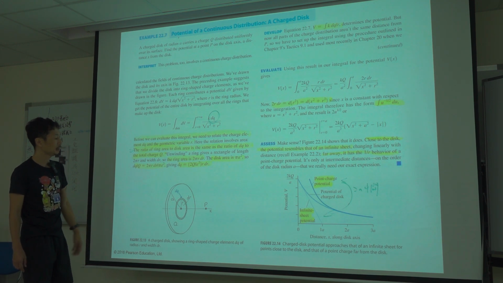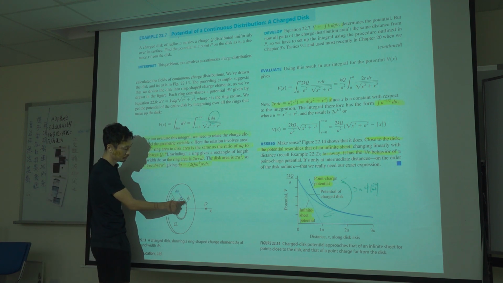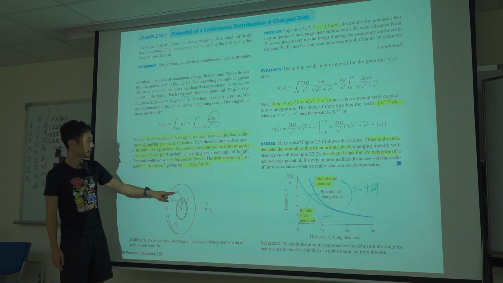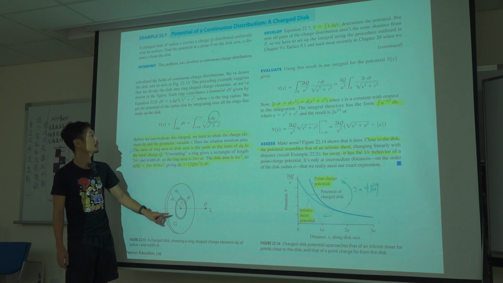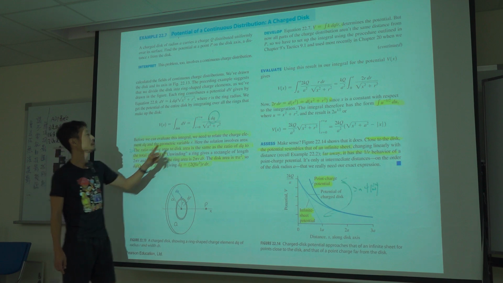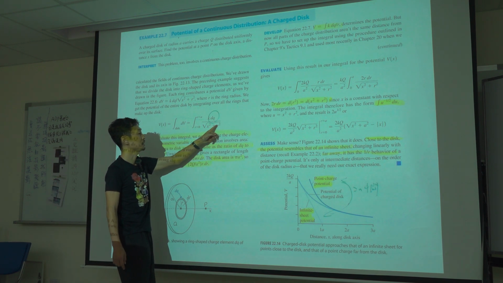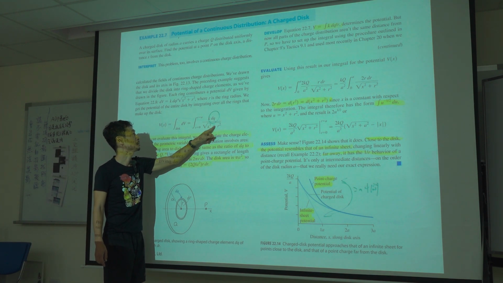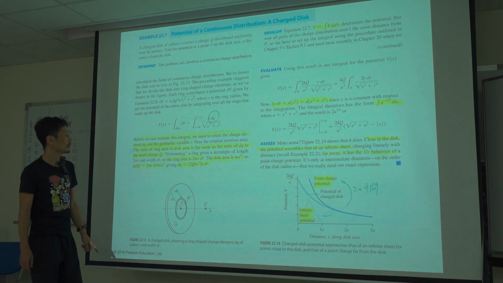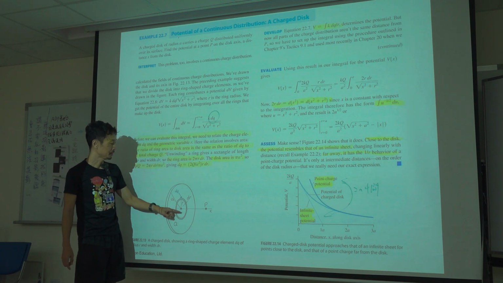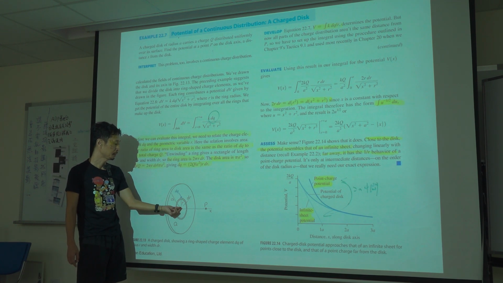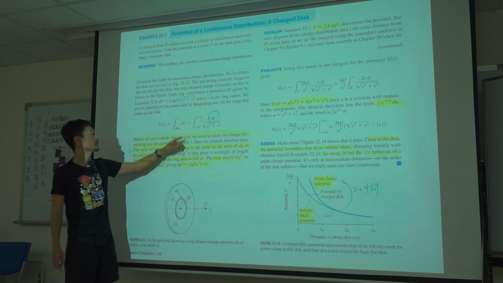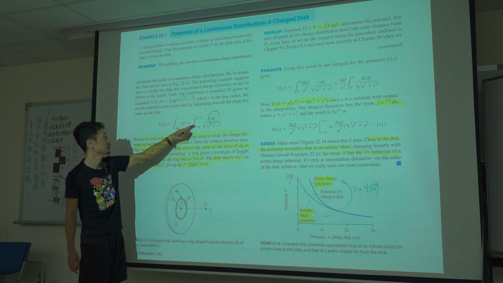How we integrate is we consider a small ring of charge dQ. That potential is from the previous question, k dq over the square root of x squared plus r squared. Then we integrate the ring from 0 to a, the radius, and that's the potential of the whole disk. So we just need to calculate this.